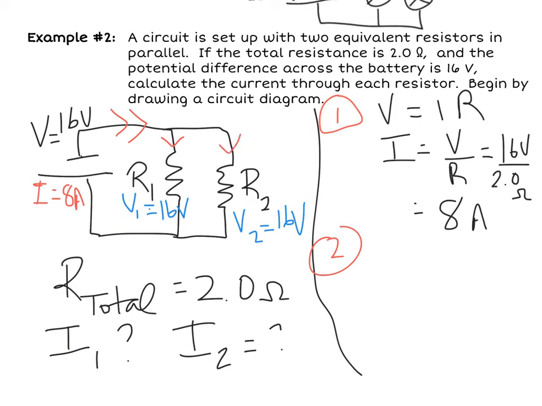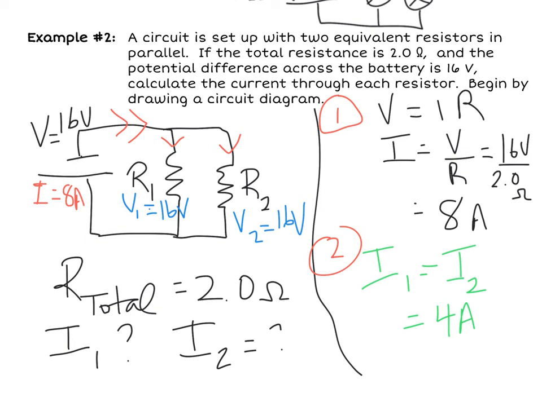And so that tells me that the current across my first resistor is going to be equal to the current across my second resistor, and that happens to be 4 amps. So 4 amps are going to move through this pathway, 4 amps through this pathway, then they'll return as 6 amps of current to my source.